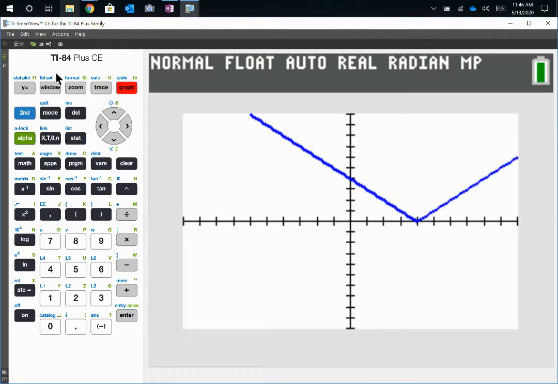And it's shifted right 4 units. So always go opposite of the sign.